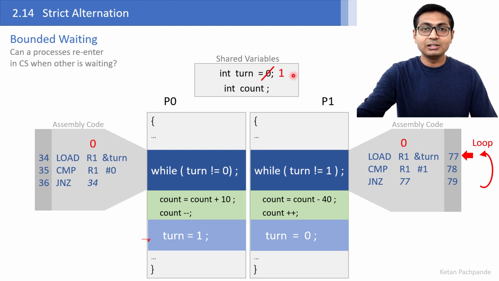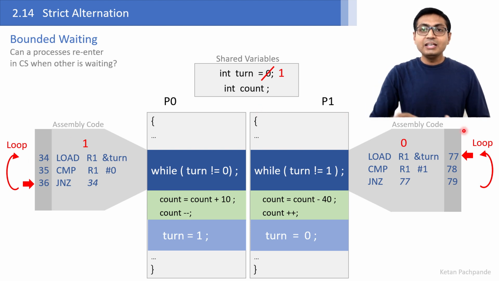Here the turn value is set to 1, and let's execute process P0 again and try to enter into the critical section. So what value will it load? It will load 1. 1 not equal to 0, the condition is true, and the next statement is going to jump to instruction number 34.